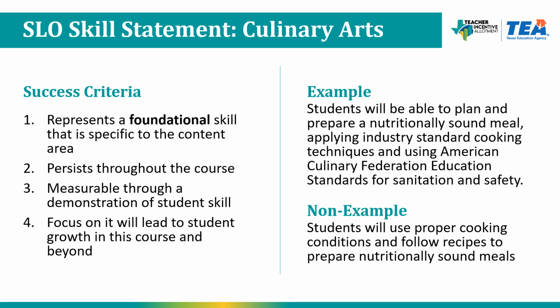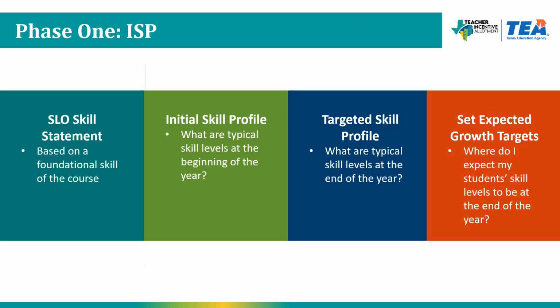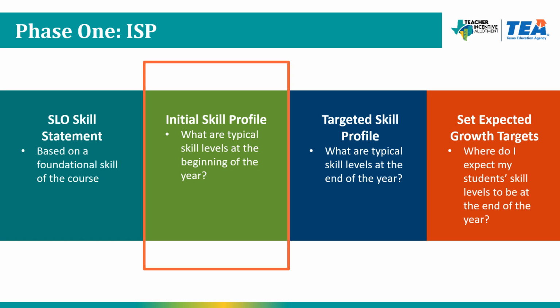This statement lacks the specificity and standards mentioned in the example. A strong skill statement includes knowledge of industry standards, application, and measurable progress. It should specify not just the action of cooking, but also the standards and safety measures involved, ensuring a comprehensive and detailed approach.